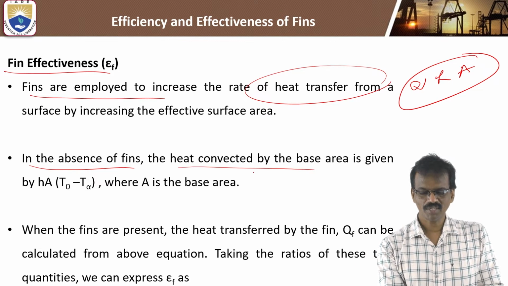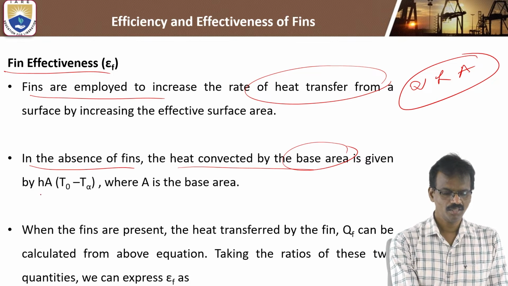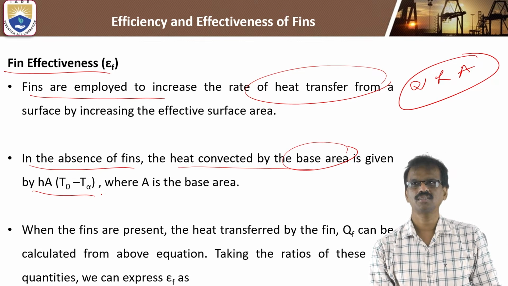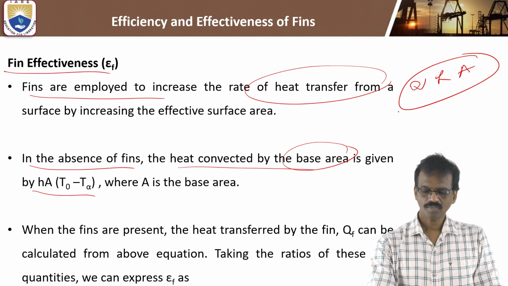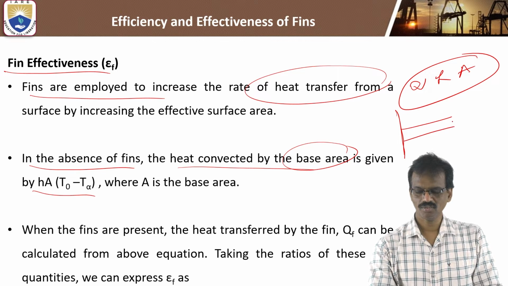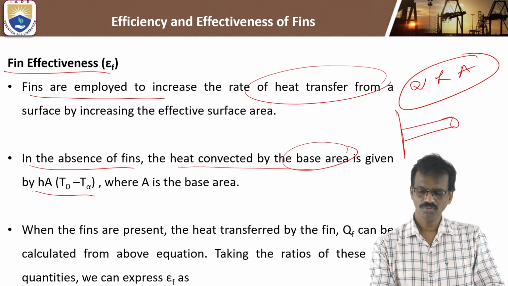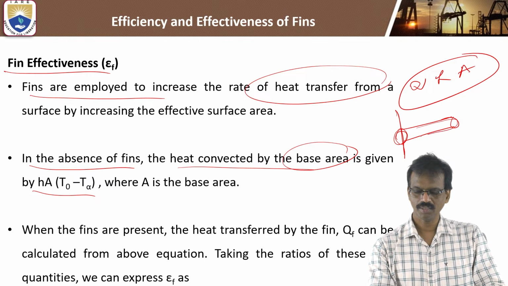the heat convected by the base area is given as hA(T0 - T infinity). Suppose this is the base area, and one circular fin is attached here. This fin covers this small elemental area, and the area is increased by this total area.